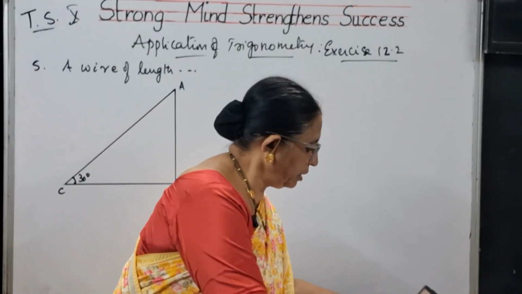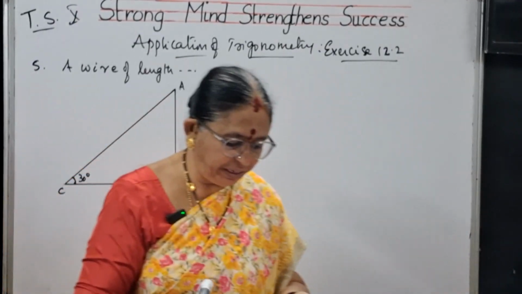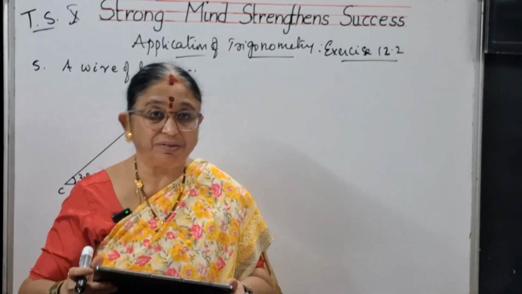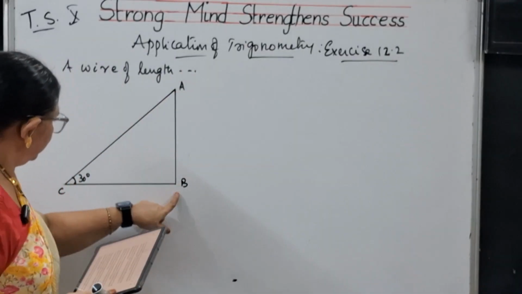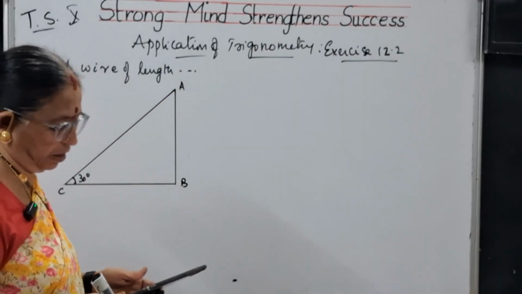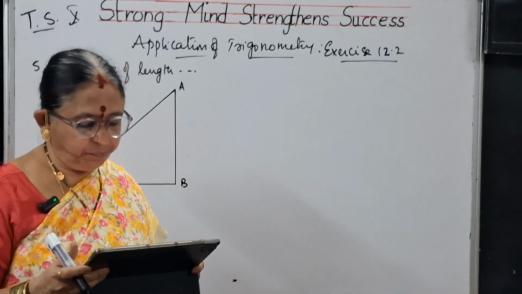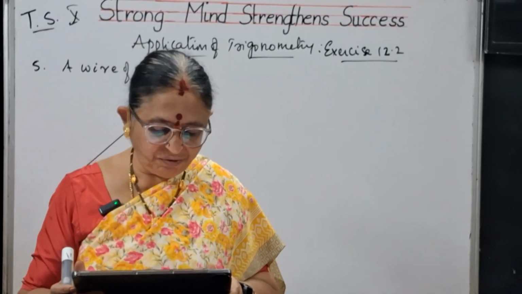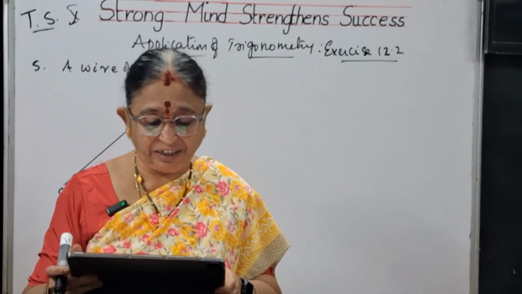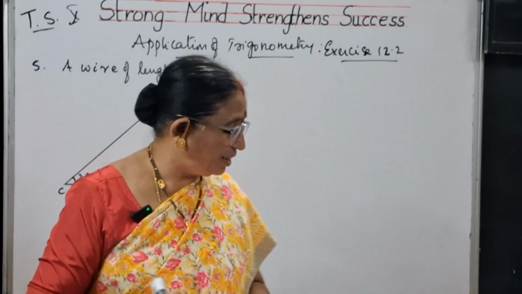But what happened? Because it was covering a long distance. That means see, when they tie it tightly, this distance is long. Because it was covering a long distance, it was cut and tied at an angle of elevation of 60 degrees with the ground. So what did they do?